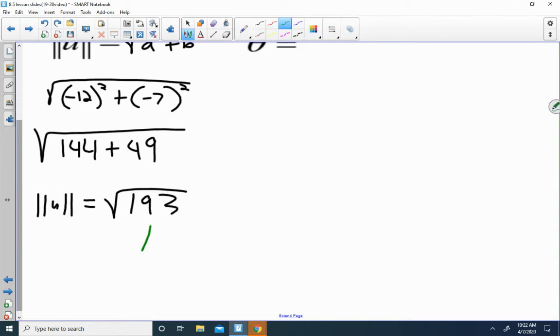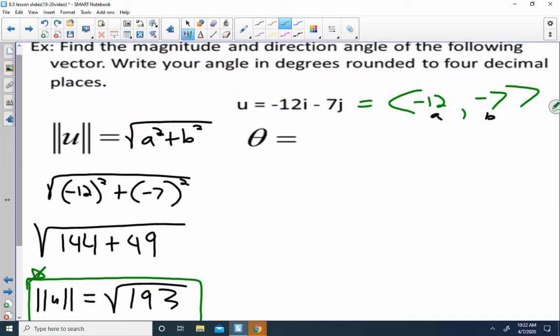And of course, see if you can split them up, see if you can find a perfect root. And trust me, I've already tried. I got nothing. So we would keep that as it is. The magnitude of u is square root of 193.